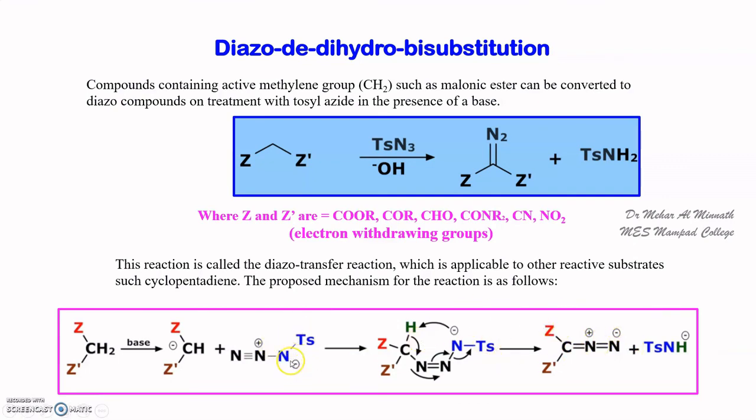This negatively charged nitrogen will take up this proton again. This is again an acidic proton. Okay, and so you can see here the nitrogen abstracting the proton, and the electron pair goes to the CN bond, and then one of the electron pair on the NN will go to the other nitrogen, and then TsNH will be removed.